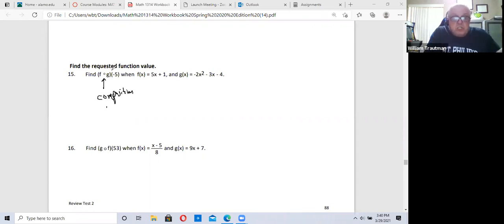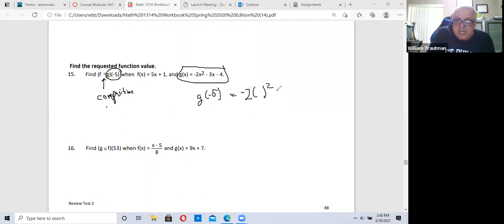What we do when we have a composition, a hollowed out circle like that, first you find the far right function, g of -5. So here's g. Everywhere there's an x, I have to put a -5 in there and do the math. -5 squared is 25 times a -2 is -50.